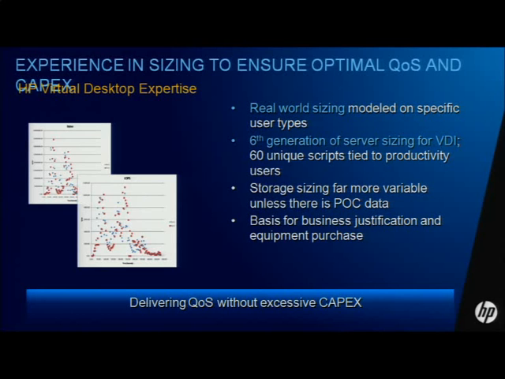We have 8 for the task worker, around 60 for our productivity user, which is the sweet spot, and a dozen for our knowledge worker. We run these scripts in a predefined sequence, so we're trying to get as close to real world as we can.